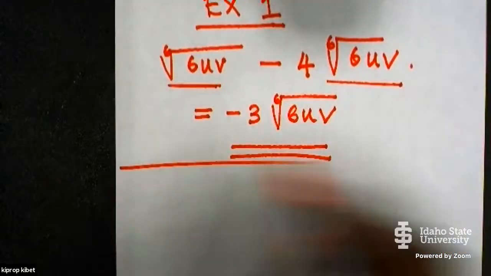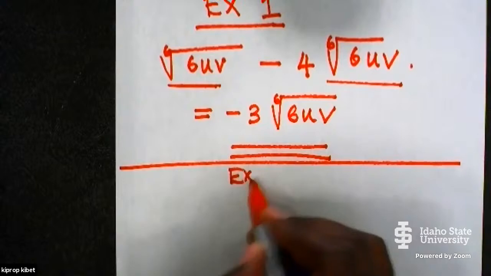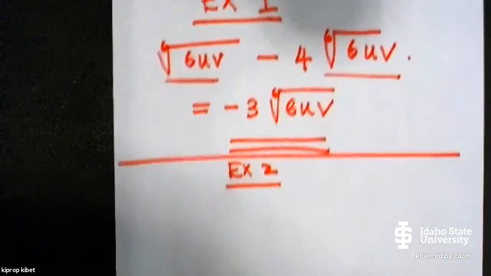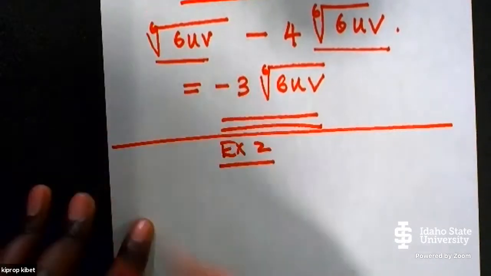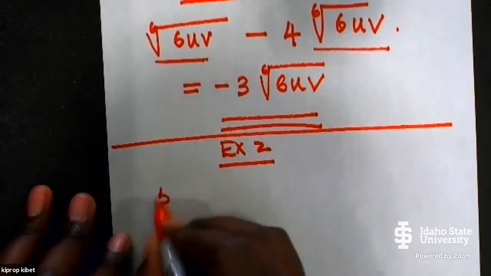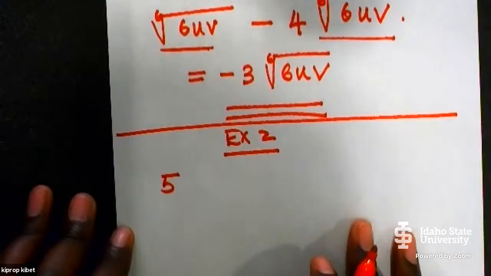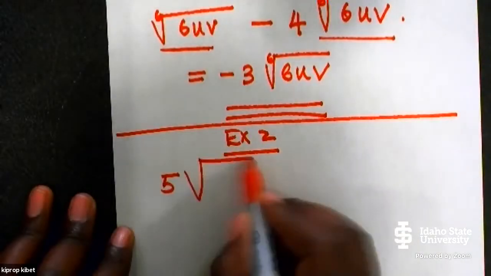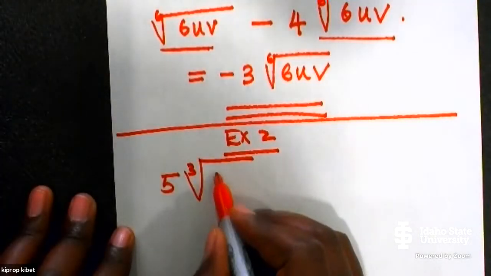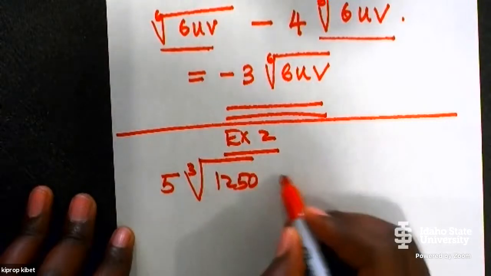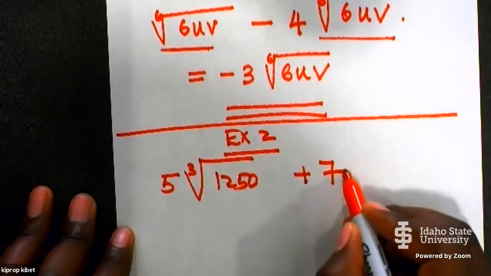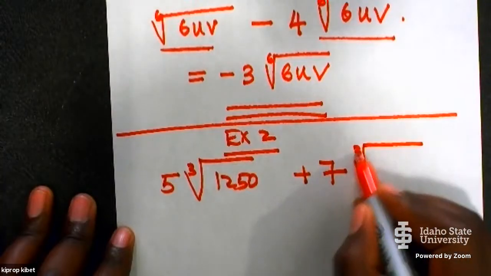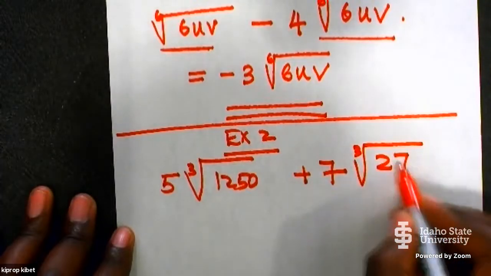Example number 2. Simplify 5 the cube root of 1250 plus 7 the cube root of 270.